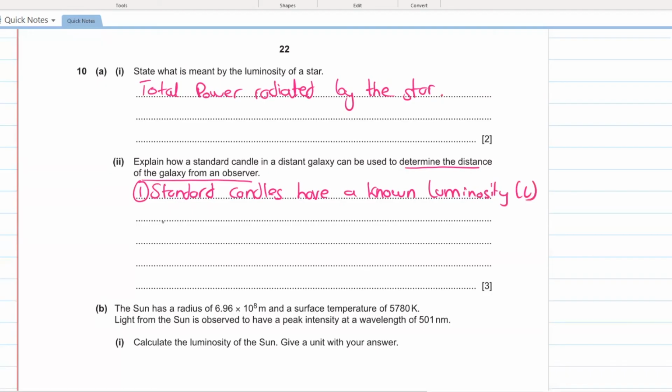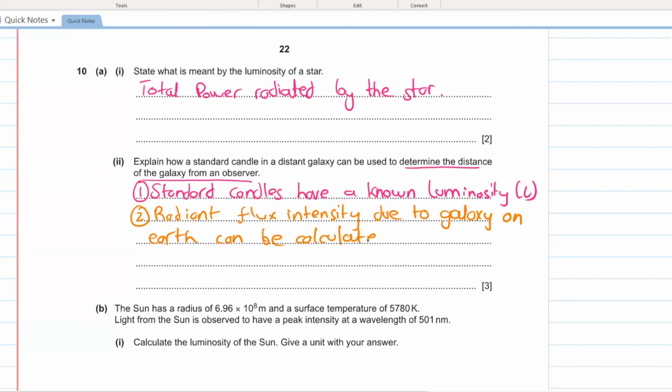And secondly, you can calculate the radiant flux intensity due to the galaxy on Earth. This is your F. Radiant flux intensity can be measured by the observer.